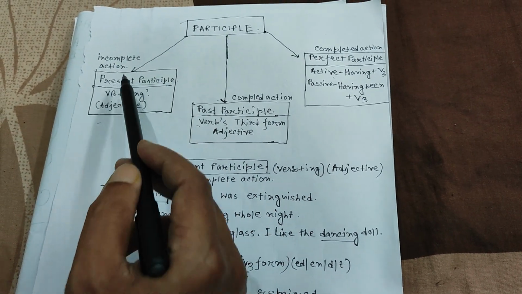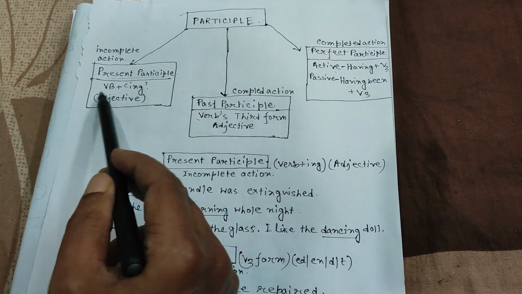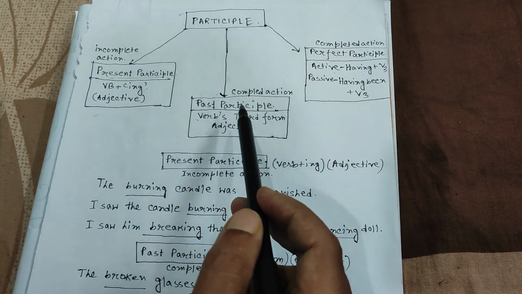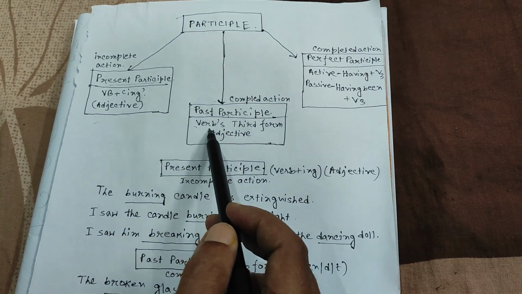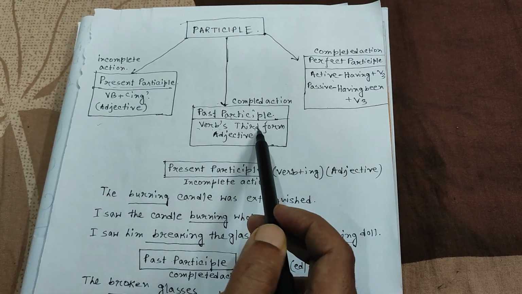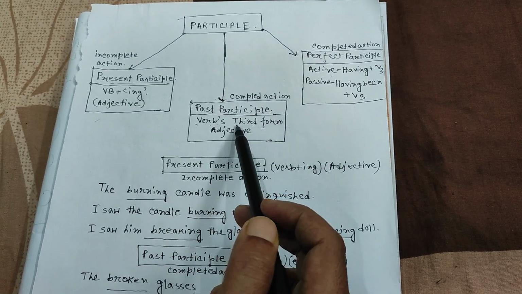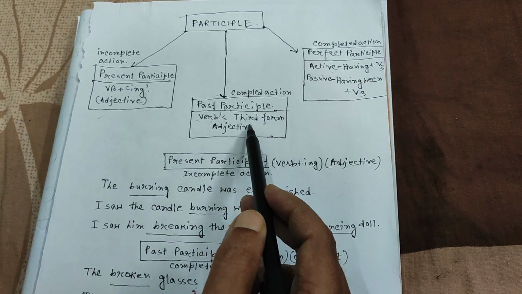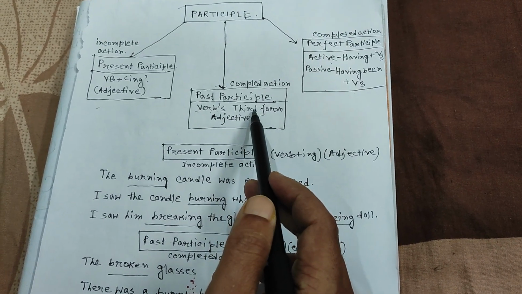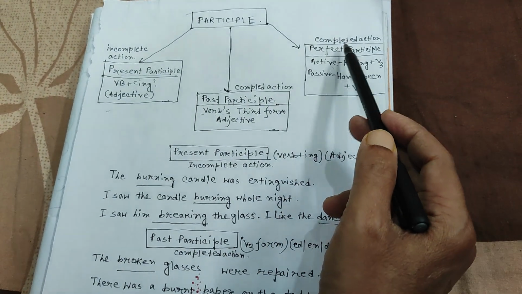Present participle is a verb plus ing word, performing the role of adjective. Past participle is the verb's third form. We all know: go, went, gone; do, did, done; see, saw, seen. Seen is the past participle.